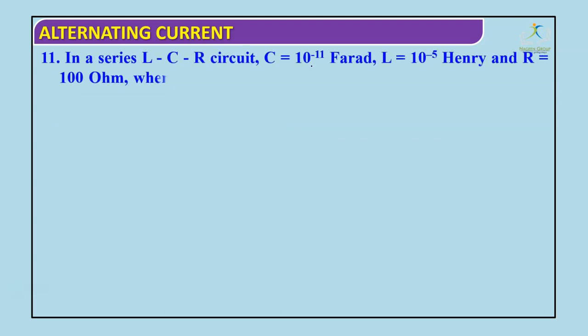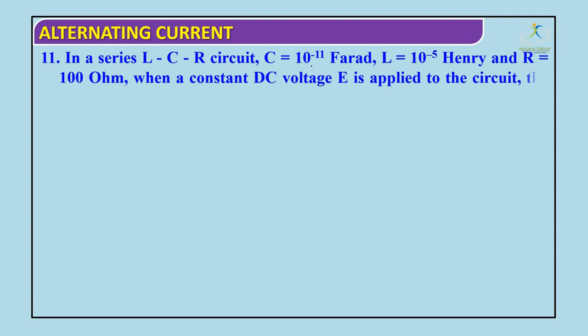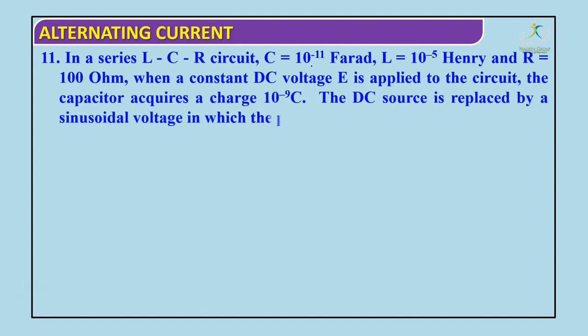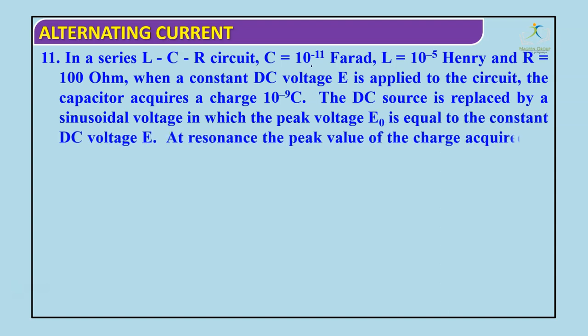Next question we have: in a series LCR circuit, C is 10 to the power minus 11 farad, L is equal to 10 to the power minus 5, R is equal to 100 ohm. When a constant DC voltage is applied to the circuit, the capacitor acquires a charge of 10 to the power minus 9 coulomb.